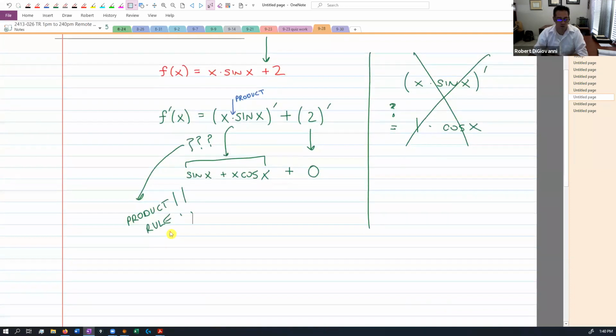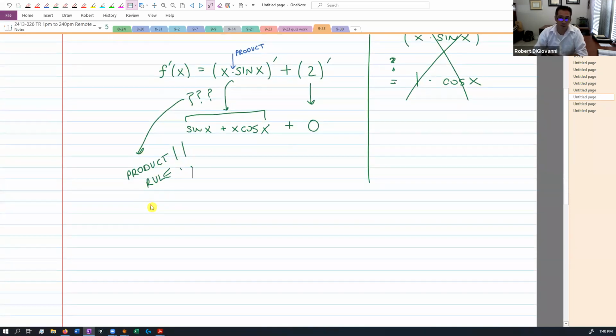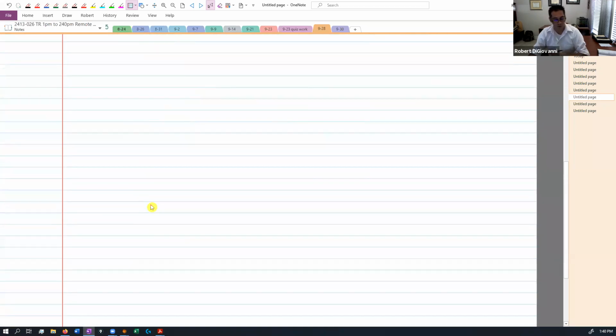Why is it this? Well, we need the product rule. So here's the rule. Here's the product rule. I'll go back to the notes and show it to you, but the product rule is this. And I'm sad I'm not going to prove it to you, but time is not on our side right now.